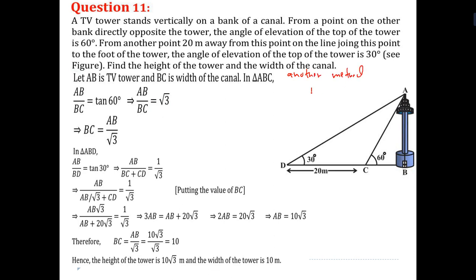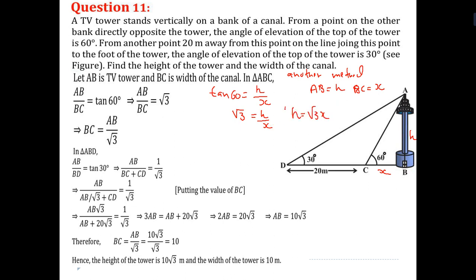That is, take AB is equal to H and BC is equal to X. Now if I will write tan 60, therefore AB, that is H upon X. Now tan 60 means root 3 is equal to H upon X. So H is equal to root 3x.